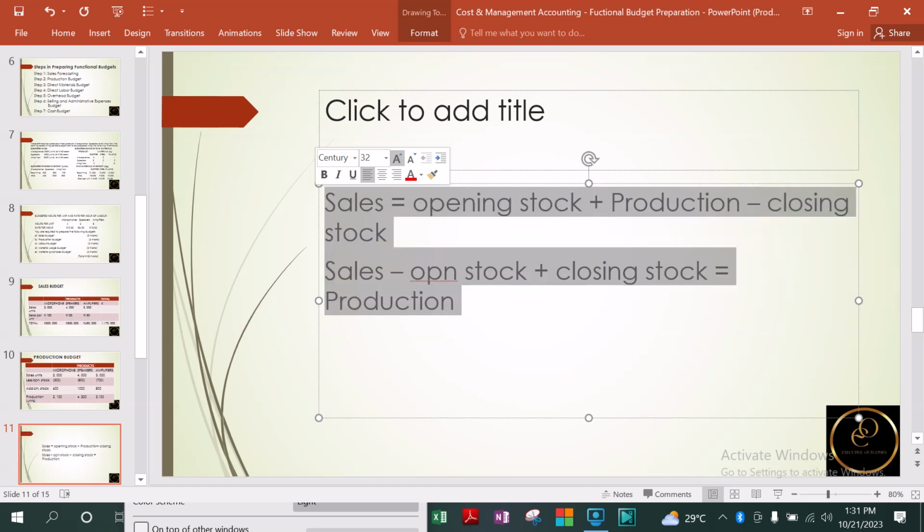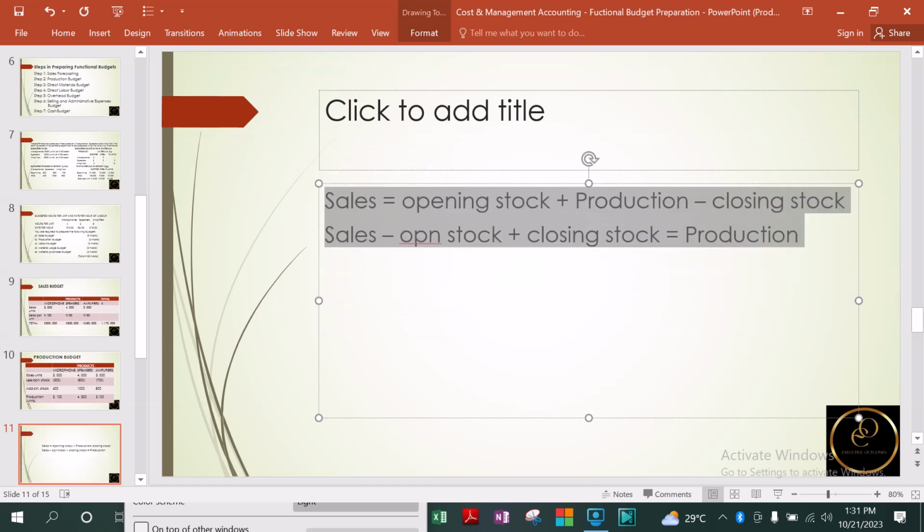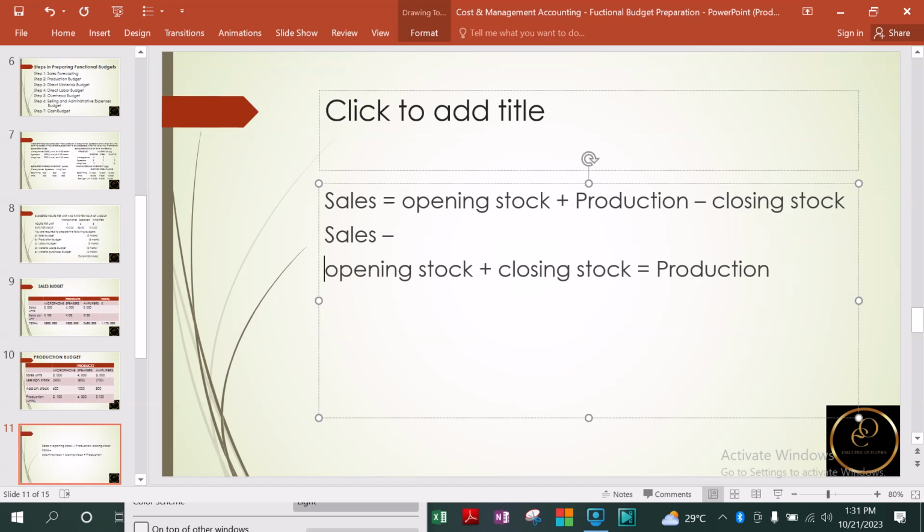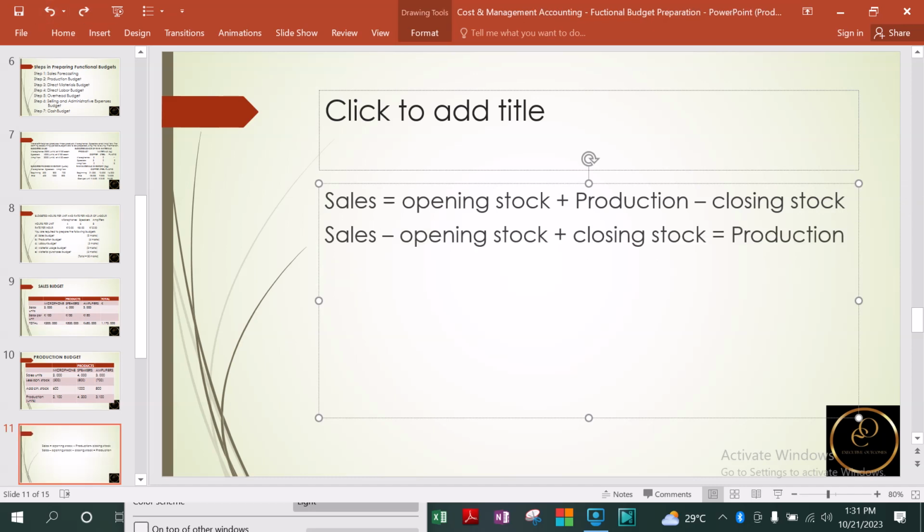We're looking at this as a mathematical statement. Given that we have established this relationship, we can rewrite it in this manner.